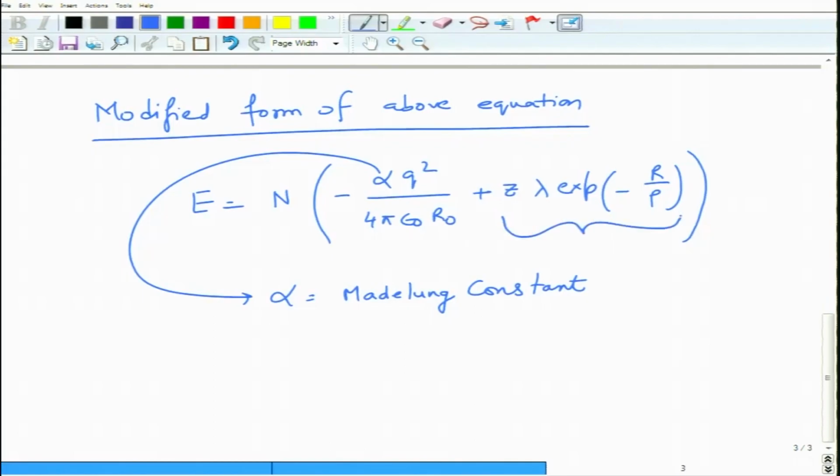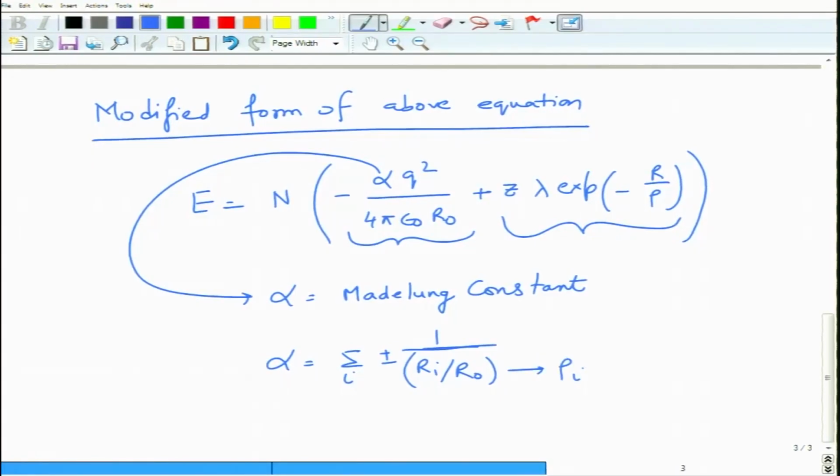Again, this is the repulsion term, and it varies exponentially as a function of distance, and this is your attraction term. The Madelung constant alpha is defined as the sum over i of plus or minus 1 over Ri divided by R naught, and this is also called rho i.